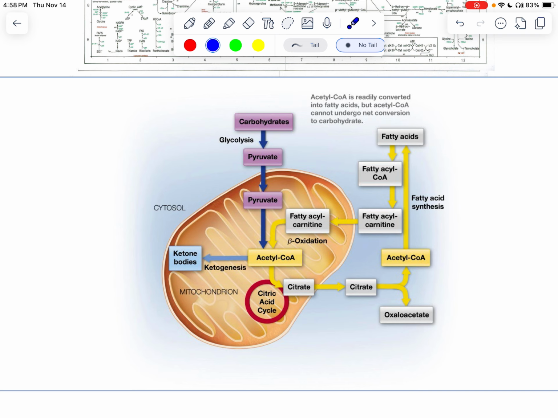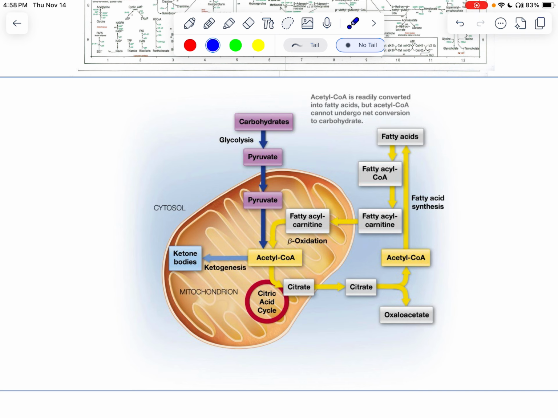And what I want you to really look at is, wow, acetyl-CoA is a really important central metabolite that plays into all of these. So we can get acetyl-CoA from carbs, we can get it from that beta oxidation, we can also form it from amino acids, which we haven't looked at.